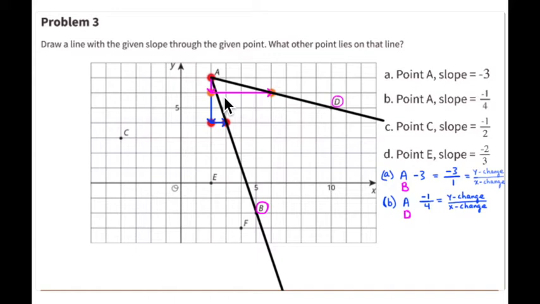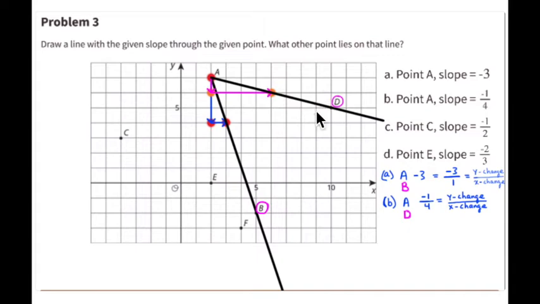So you can read this as every 4 units, 1, 2, 3, 4, goes down 1 unit. So this is 4, negative 1, or goes down 1 unit, that's a negative 1, and then 4 units along the x-axis. So either way, this is negative 1, positive 4, or for every 4 units, positive 4, negative 1.